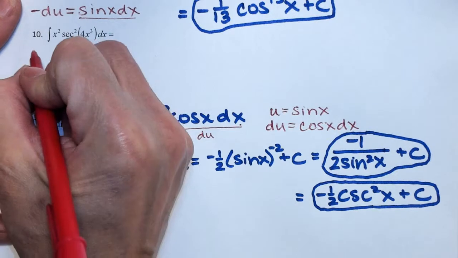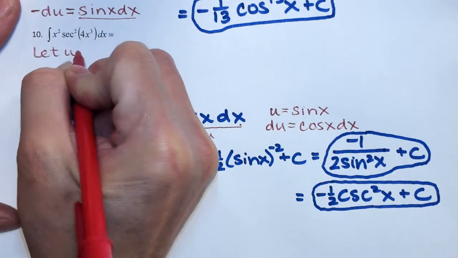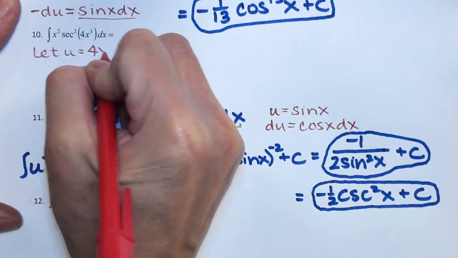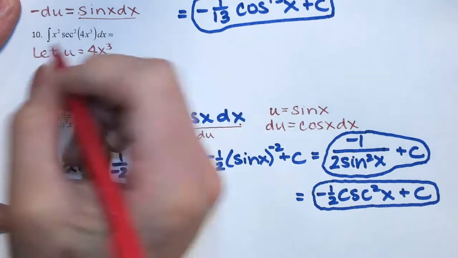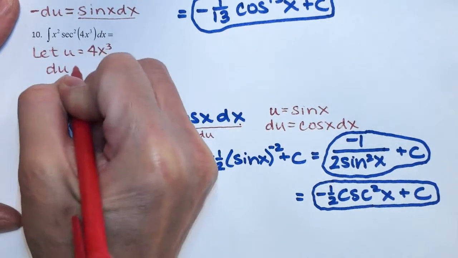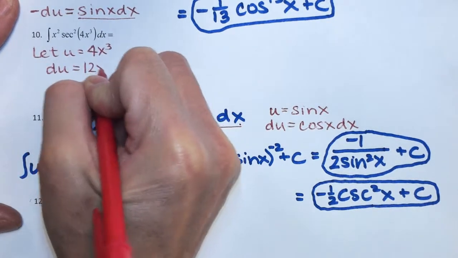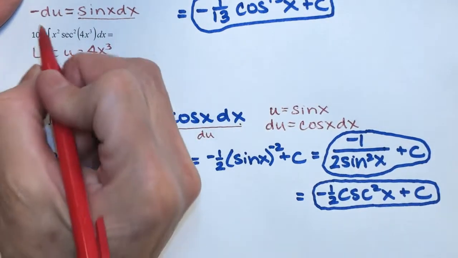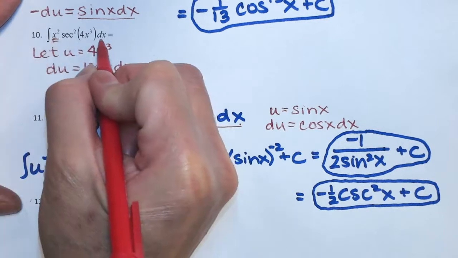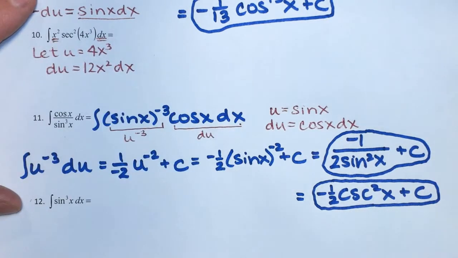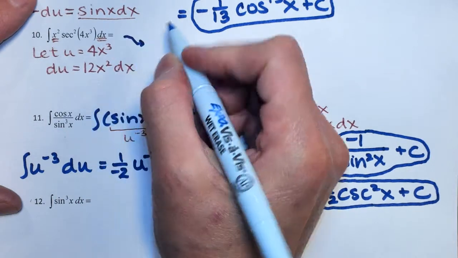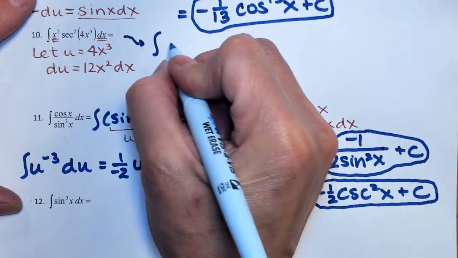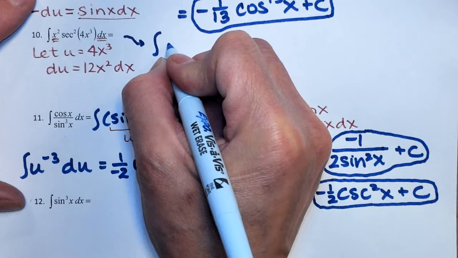So we're going to say, let's let u equal 4x cubed. Then du would equal 12x squared dx. Well, it's not written this way, but if I regroup things here, just do sort of a reorganization, I can put the x squared over by the dx.